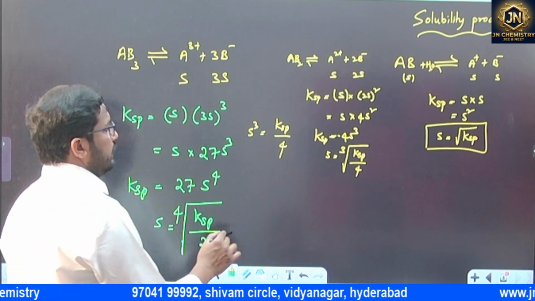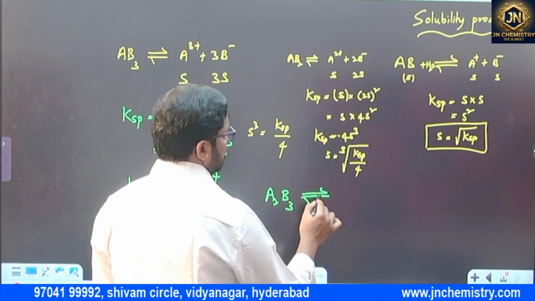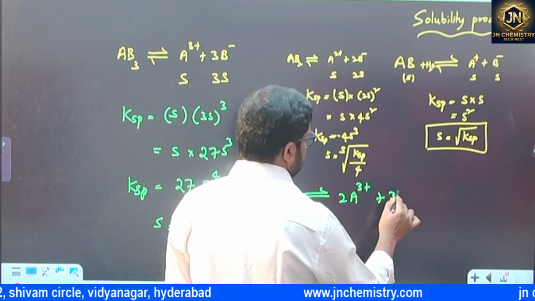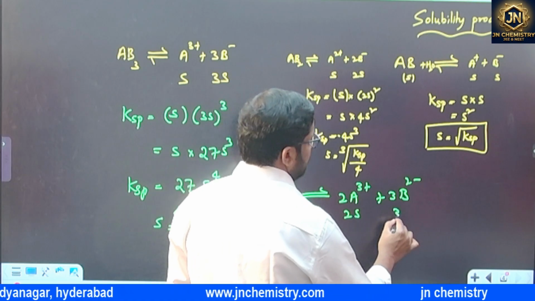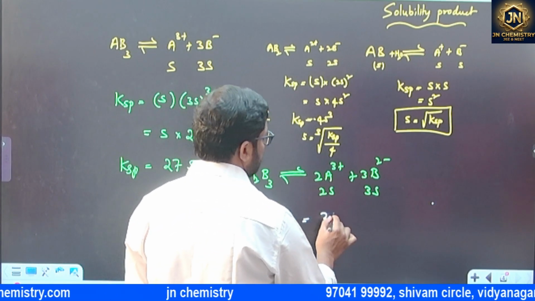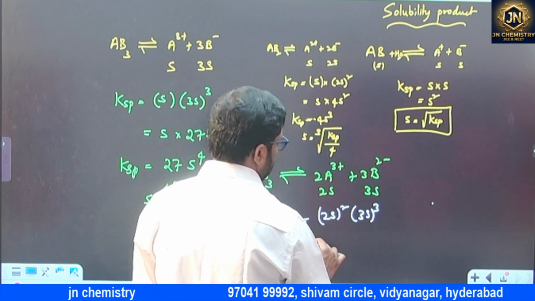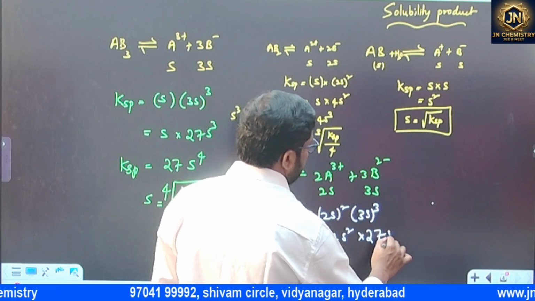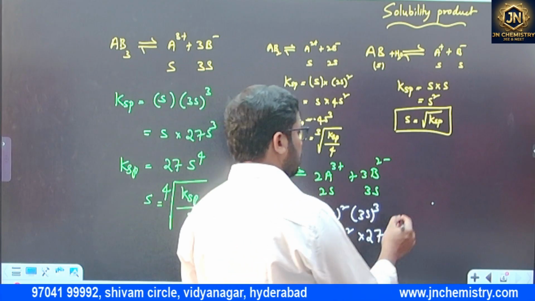Next, A2B3 type. 2A3+ and 3B2−, means 2S, 3S. Ksp is equal to (2S) whole square into (3S) whole cube, 4S² into 27S³, nothing but 27 into 4, 108.